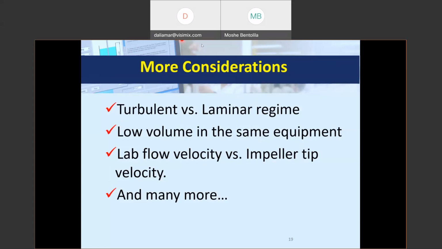Now, if we want to have the same turbulence or the same mixing pattern, we need to coordinate the velocity between the small equipment and the big equipment. If we are working in the lab at low velocity, there is a high probability of being in the laminar regime. If we go to the next step at normal velocity and get a high Reynolds number, we will be in the turbulent regime.